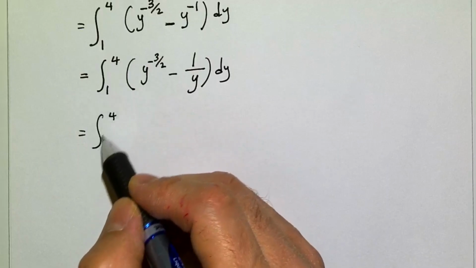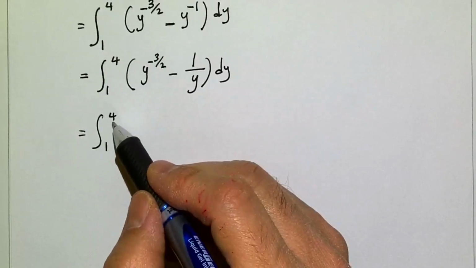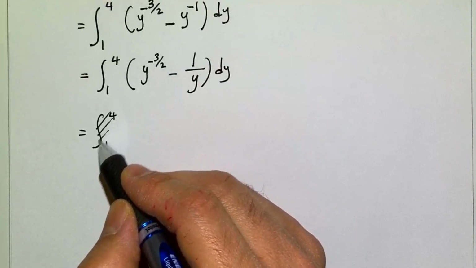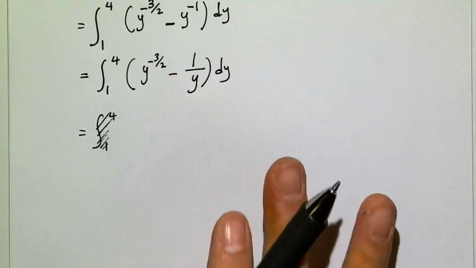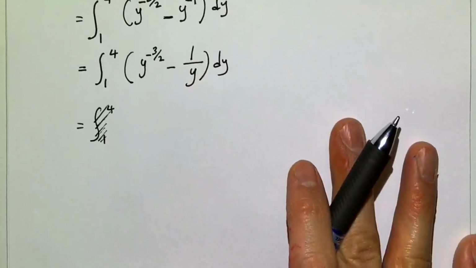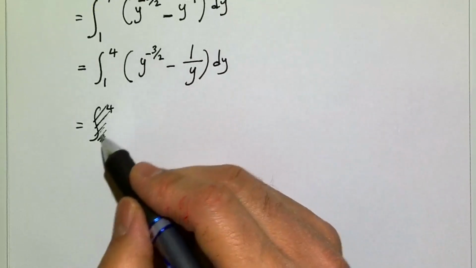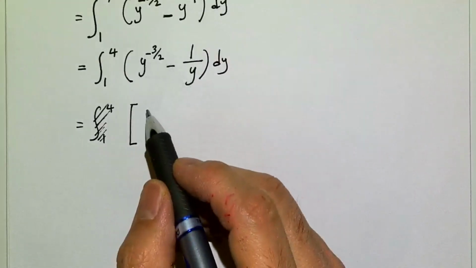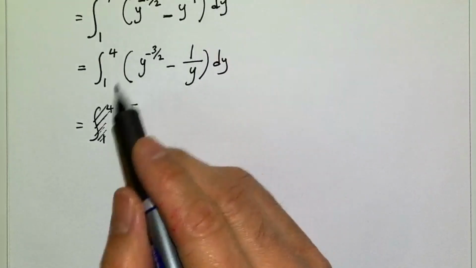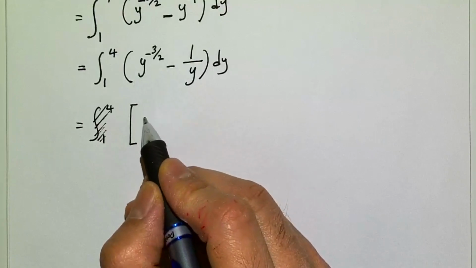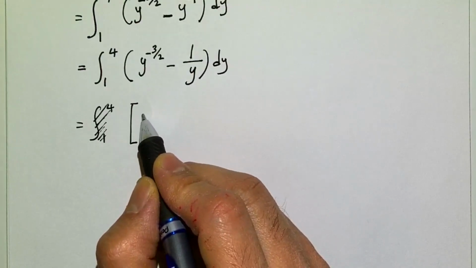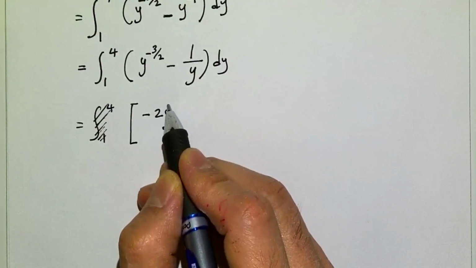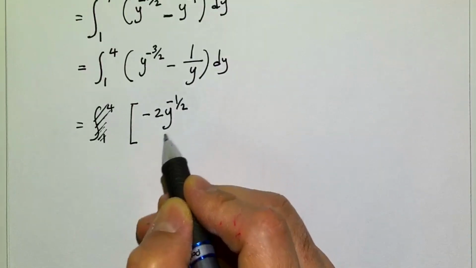We don't really need the integral, so I will get rid of this. I will white out this before posting these notes on Canvas. So we don't need the integral symbol anymore. We can directly go to the antiderivative. So we have minus 2 y to minus 1/2 power.